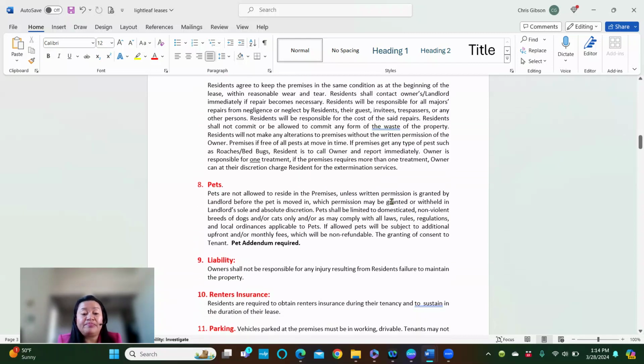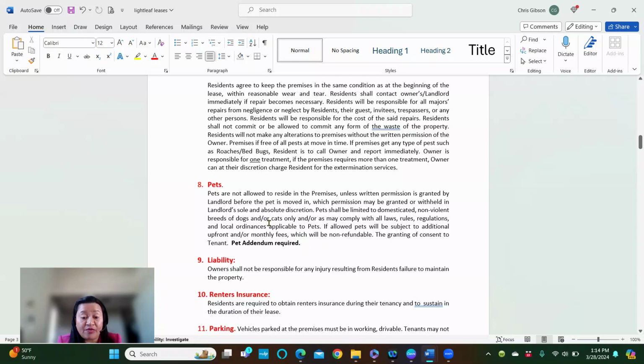About pets, pets are a common problem. As we experience, some of our tenants don't have pets upon move-in, and then after staying for some months, they bring pets, and sometimes they don't let us know. So as long as you put in your lease that if they bring pets to your property they must sign a pet addendum, you must have that.